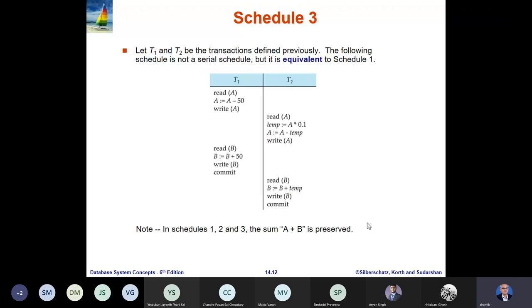Now take a look at schedule 3, which is a concurrent schedule, because we have some instructions of T2 happening in an intermingled manner with the instructions of T1.